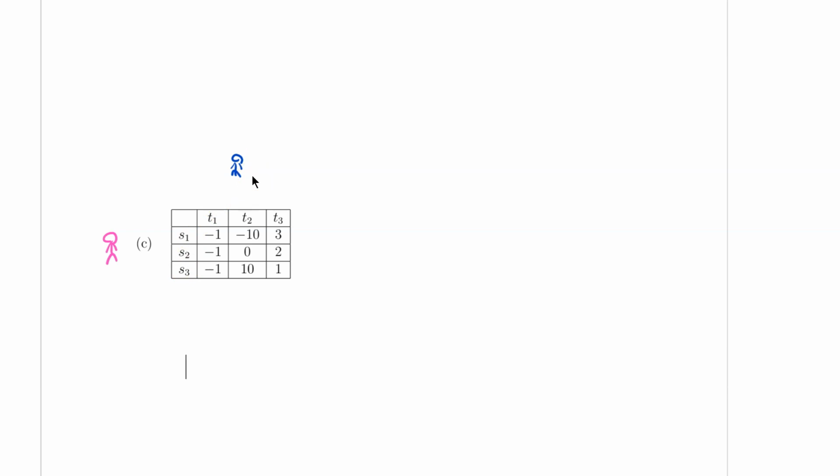Now, for Bob, he can see that playing T1 is going to be a better choice than playing T3, no matter what Alice does. Let's compare T1 to T3. I'm going to put T3 in purple here. So the blue column is better than the purple column, no matter what Alice does. Let's see if that makes sense.